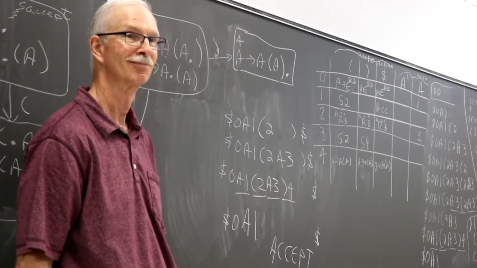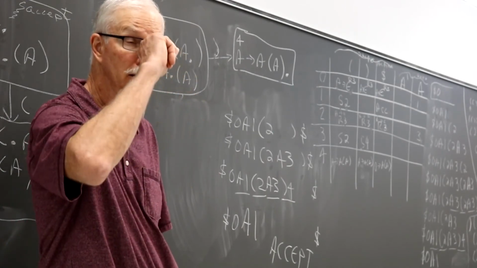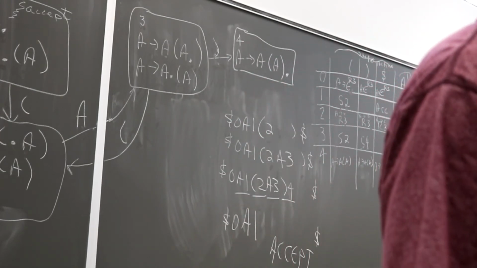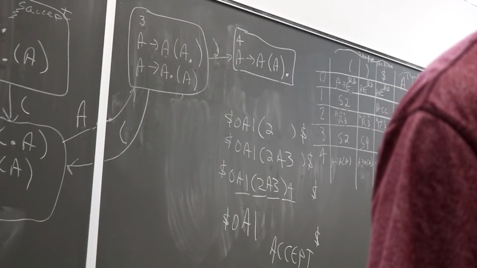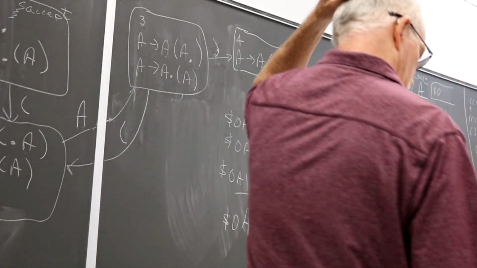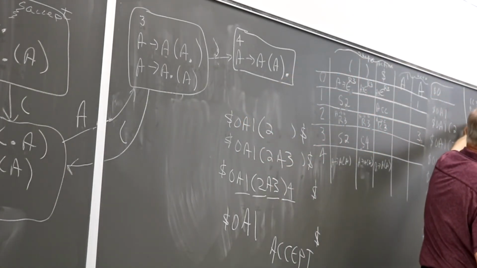I just wanted to clarify, when you're shifting and reducing, you don't shift the states, you only shift the non-terminals. What do you say? You say you don't shift the state, you only shift the non-terminal. Well, so what did I do?